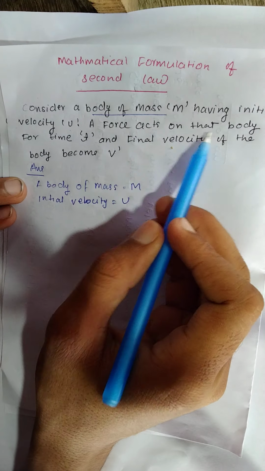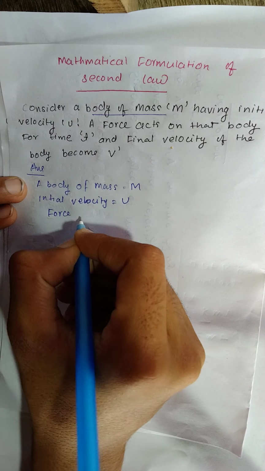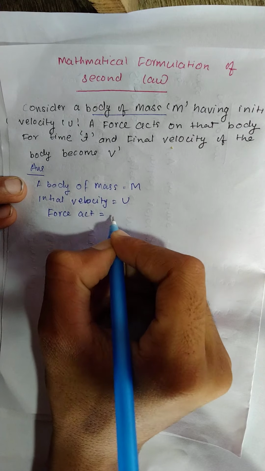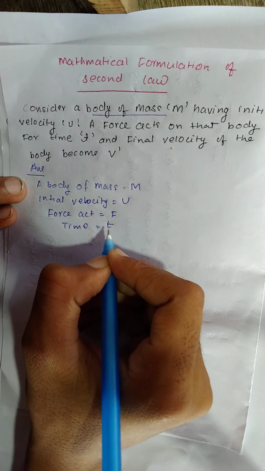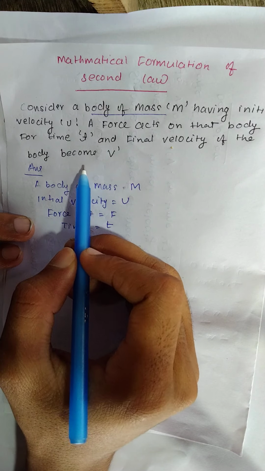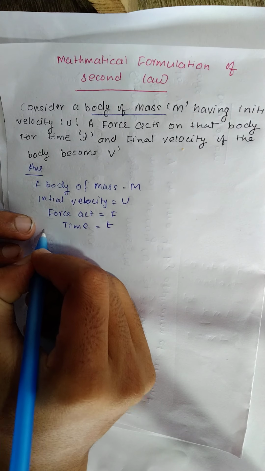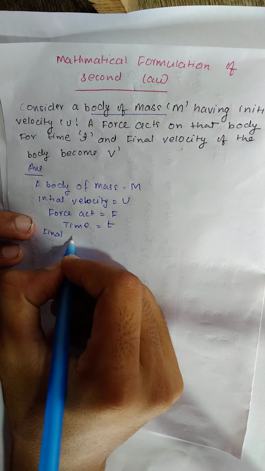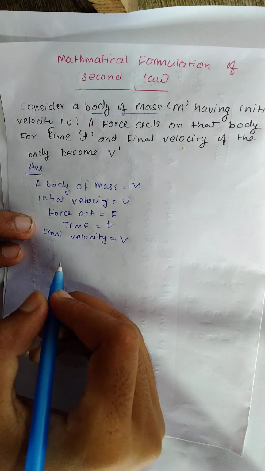A force acts on that body for time t. Let the force be F, the time be t, and the final velocity of the body becomes v. So let the final velocity be v.